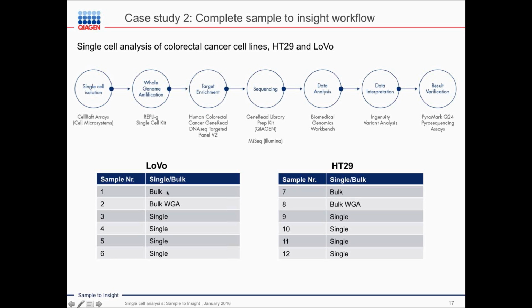We want to make sure that the results we get from the bulk analysis are similar to those we get with the bulk whole genome amplification analysis for both cell lines. And then we're going to drill down and see what kind of unique and individual characteristics we can identify in each of these single cells that were isolated.